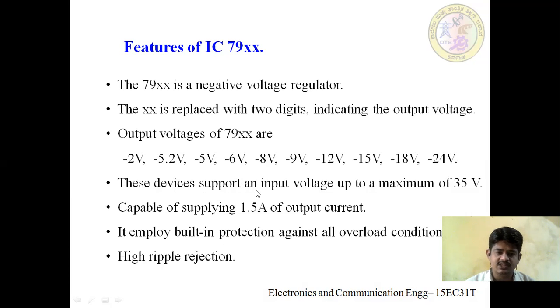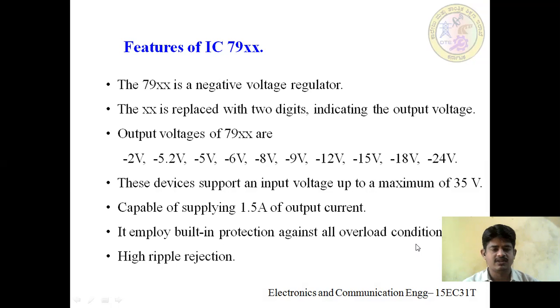These devices support an input voltage up to a maximum of 35 volts. Means you can apply up to 35 volts to the 79 series ICs. And it has the capability of supplying a current of 1.5 amps. Up to 1.5 amps current it can supply, and it employs built-in protection against all overload conditions.